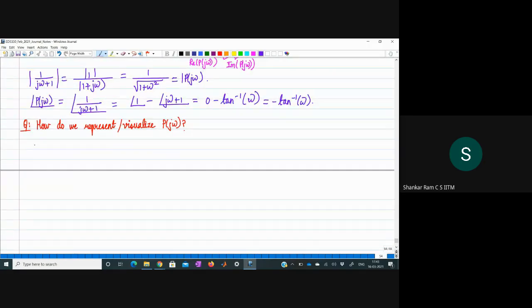So we are going to learn two important tools. The first one is what is called the Bode plot.